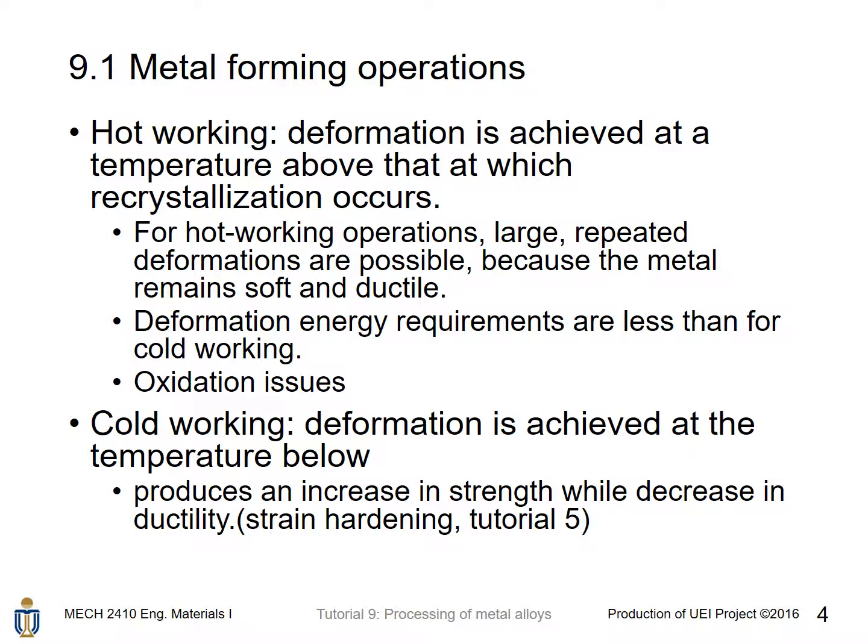You can refer to the strain hardening method in Tutorial 5. When you do cold forming, you are basically doing strain hardening to that piece of metal at the same time. As you permanently deform a metal, you can observe from the stress-strain curve that it is the same as doing strain hardening.